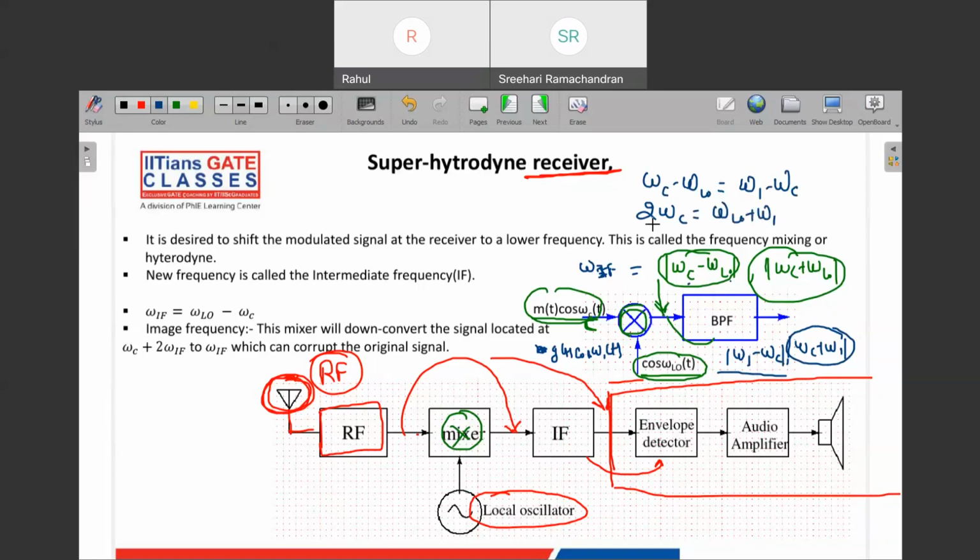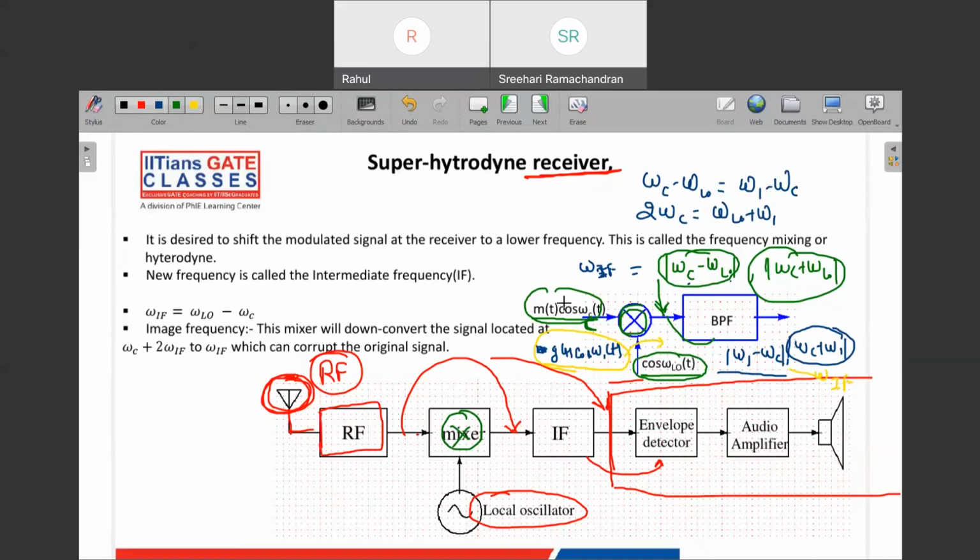So if we have this criterion for the signal, that signal will also get down converted to the same omega_IF. So this is also equal to omega_IF. At the input side, we can have two different signals which get down converted to the same intermediate frequency, omega_IF.